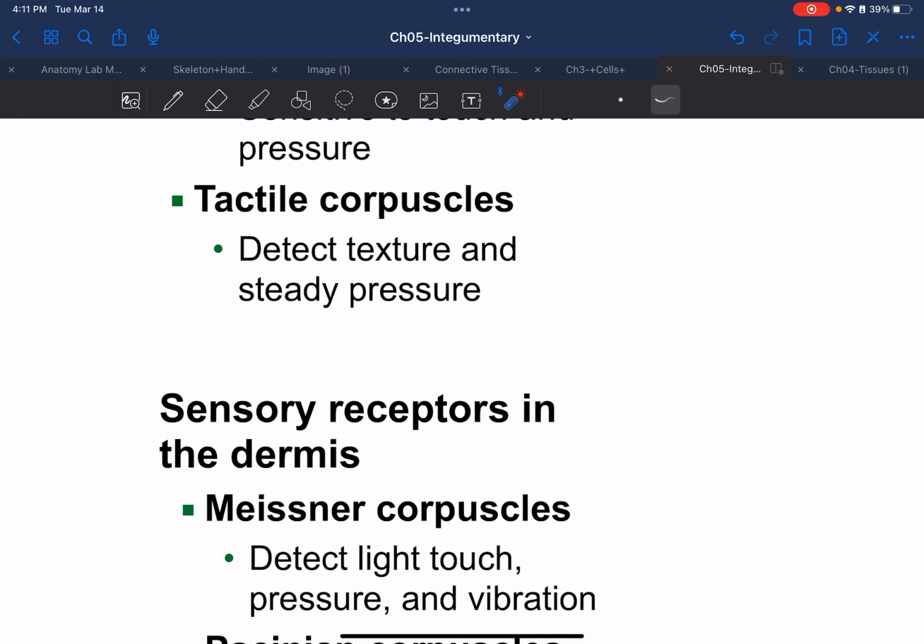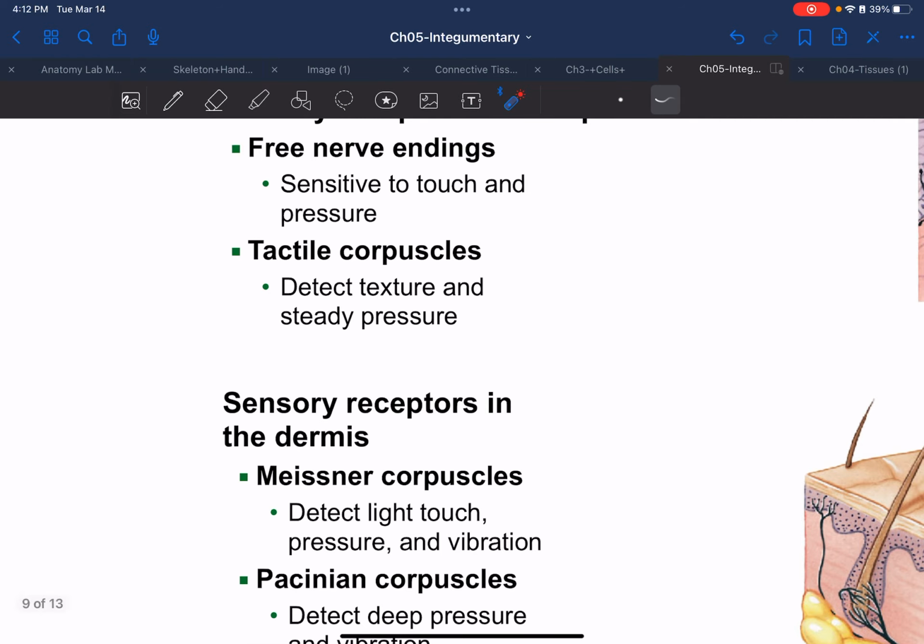That's what being able to detect texture is. That's even what tactability is. If I gave you some quarters, some pennies, some nickels, and I put them in your pocket, and I tell you to close your eyes and give me the quarter or the penny, you can probably figure it out just by the size, by the texture, and that's what these do, the tactile corpuscles. Fine detail.